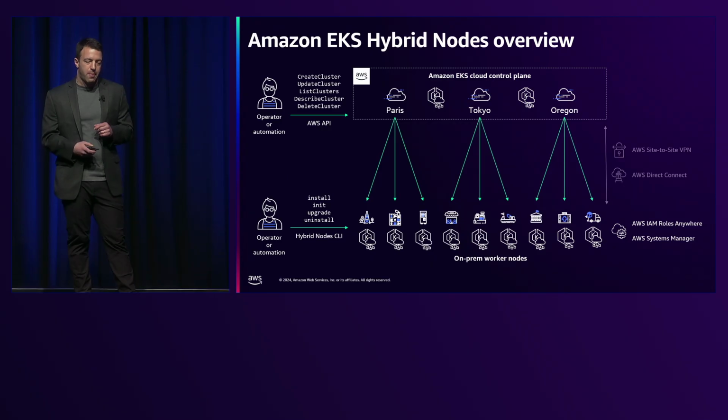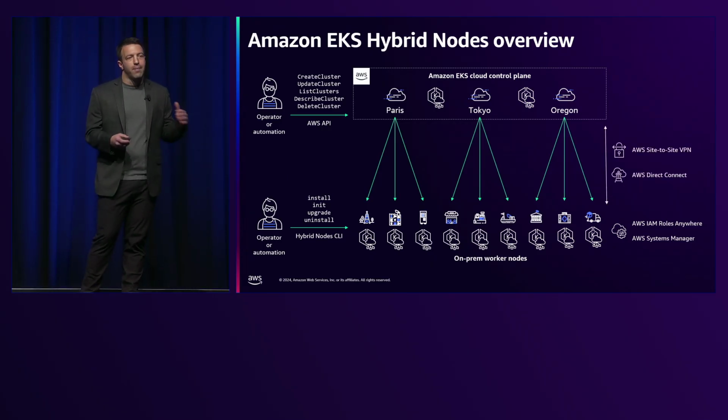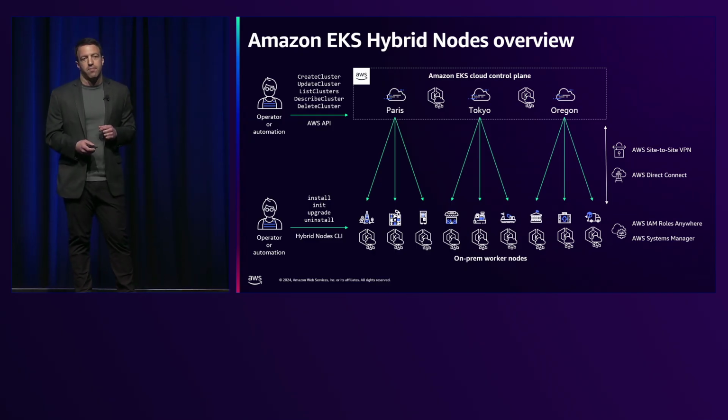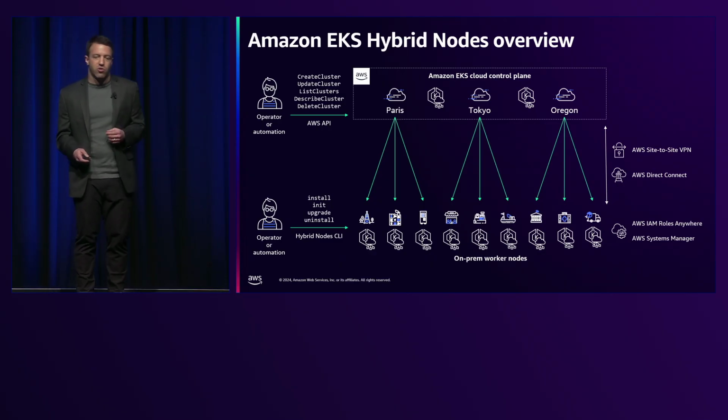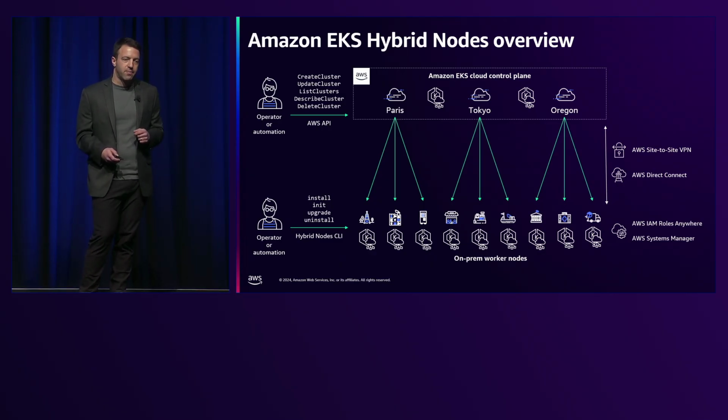You'll also need consistent private connectivity from your on-prem or edge environment into the AWS region. We expect that AWS Direct Connect, AWS Site-to-Site VPN, or a customer-managed VPN solution will be the most common technologies that our customers use to establish this connection.